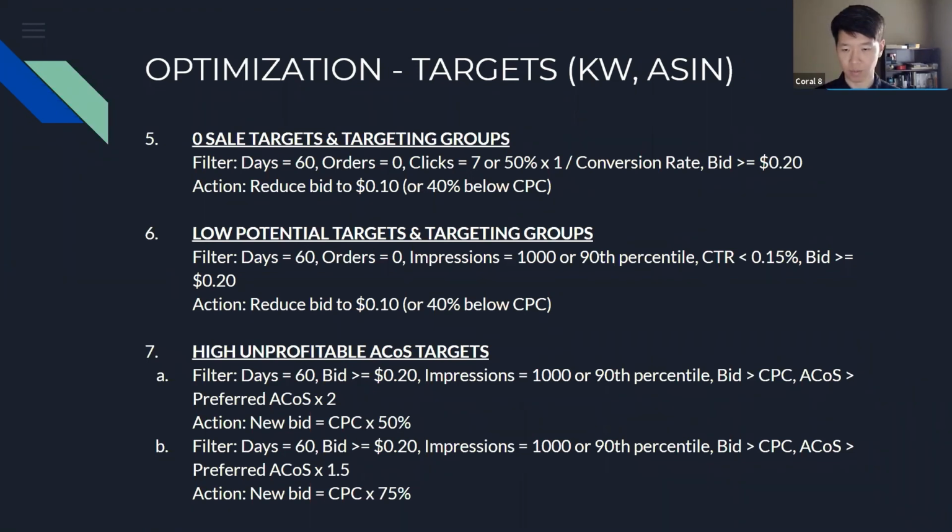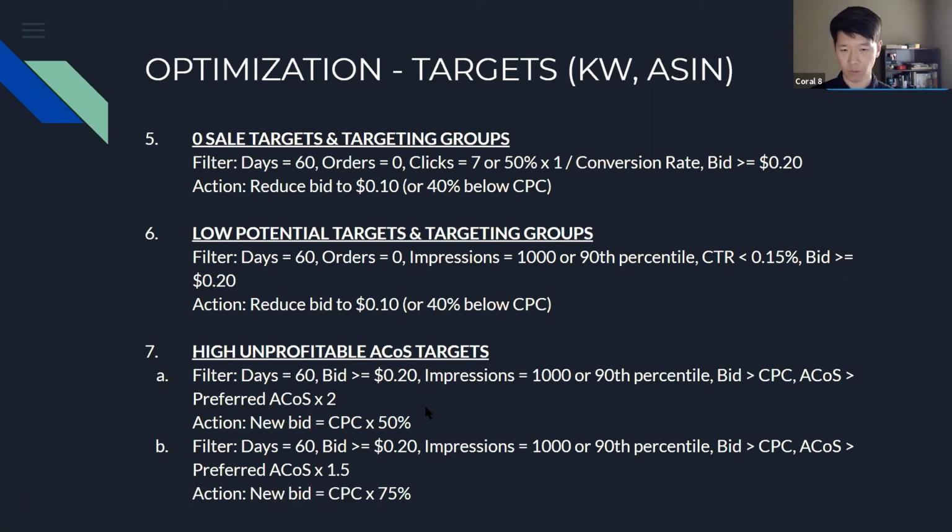All right. Well, what about targets that are unprofitable? Okay. So we're going to look at the last 60 days. Well, how do we determine targets that are unprofitable? Well, strictly speaking, it's where the ACOS is higher than your preferred ACOS. But we have a few rules and we stagger them.